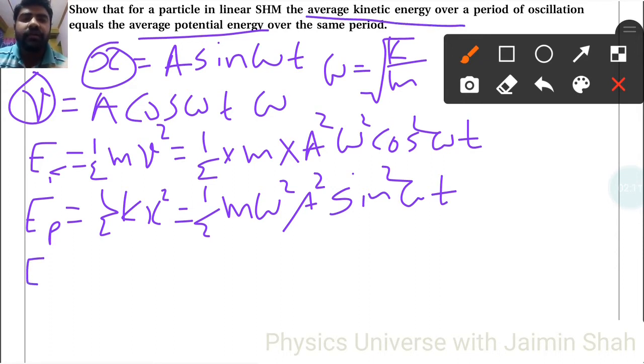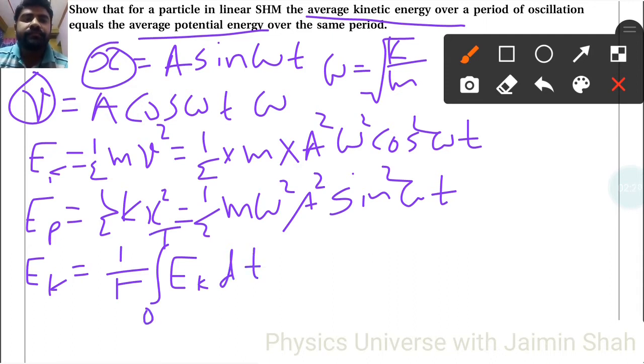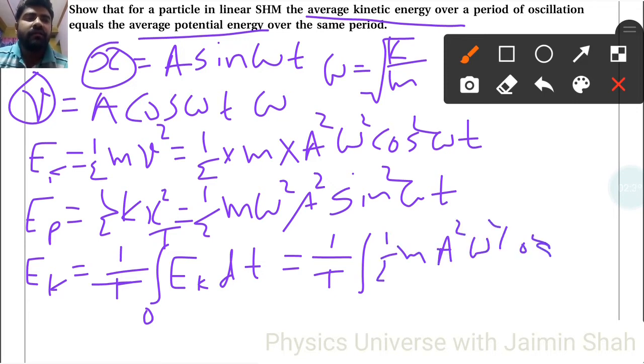For the average value, we integrate both sides: 1 upon T integration of Ek with respect to dt from 0 to T, which is equal to 1 upon T integration of half m a square omega square cos square omega t. Now all the terms are constant, so we get m a square omega square upon 2T.